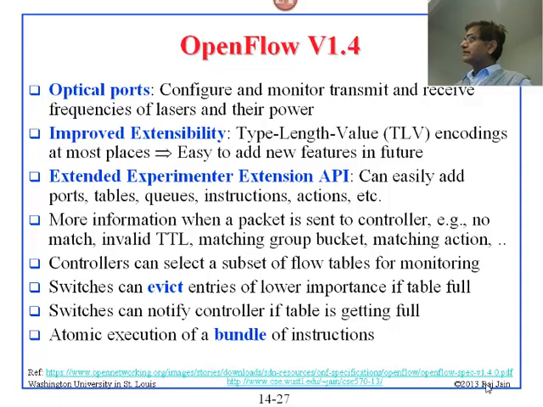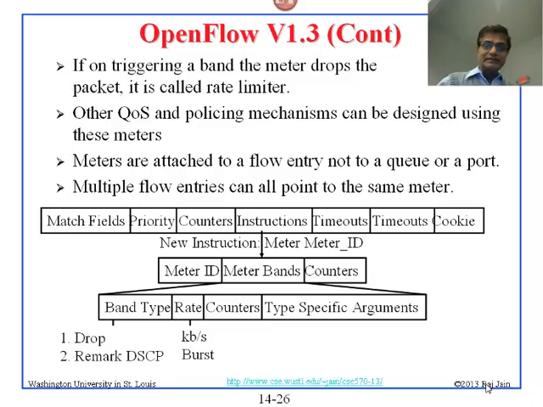Controller can select a subset of the flow tables for monitoring. Switches can evict entries of lower importance if the table is full. So that's another thing. You saw in the previous one there is a priority field. Actually, the priority field is used so that if you match 2 entries, you take the higher priority one.